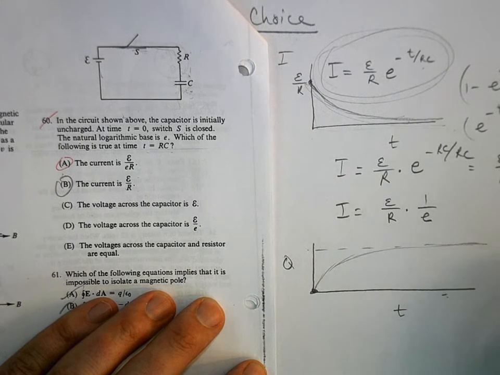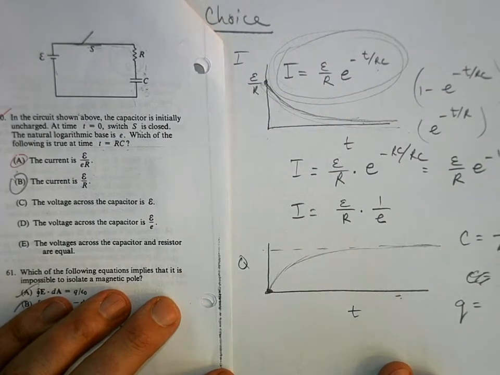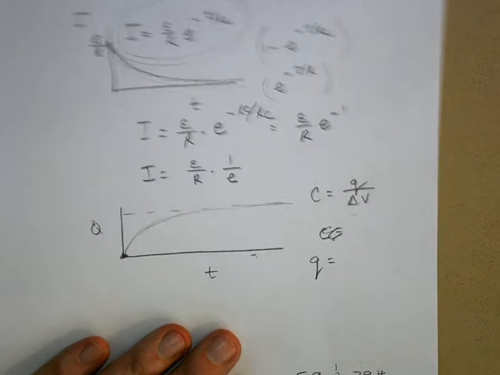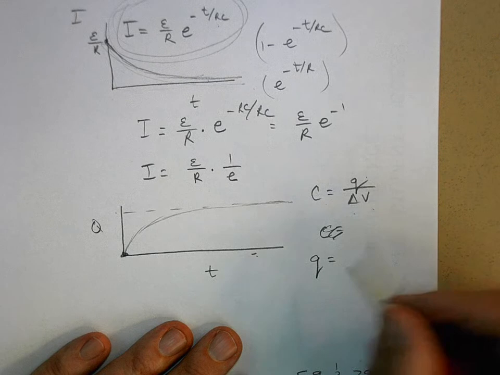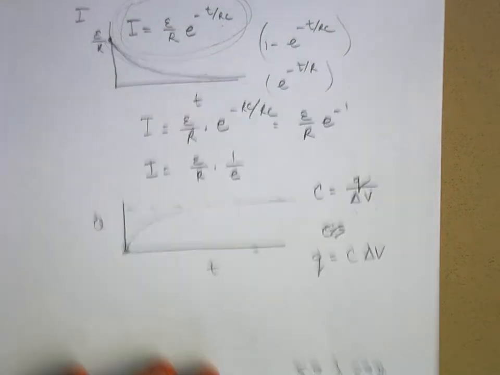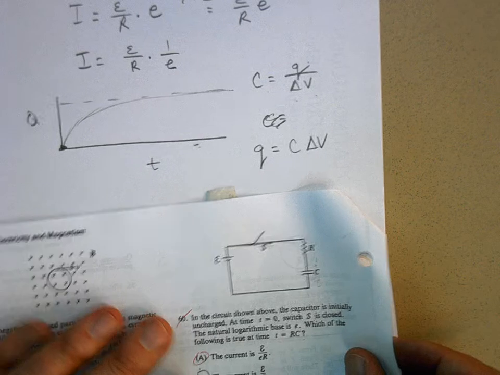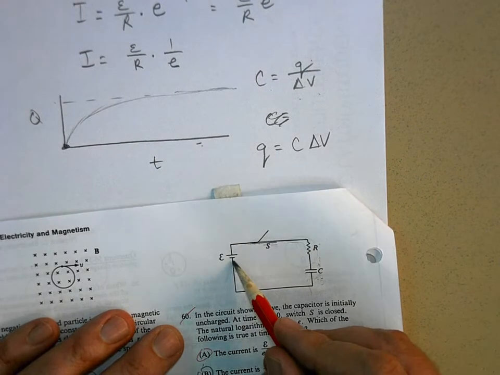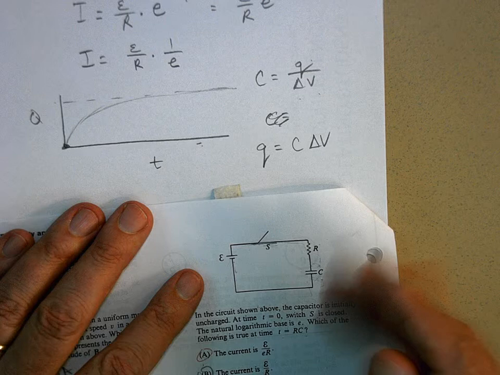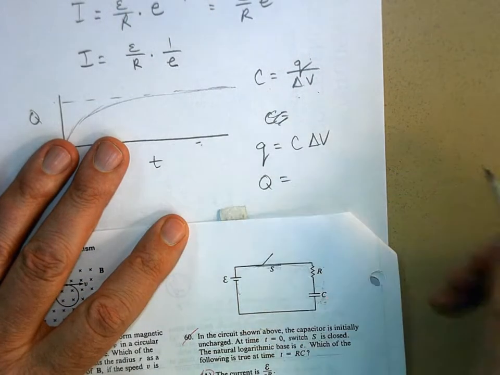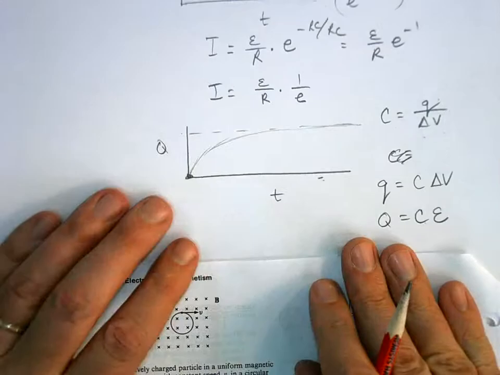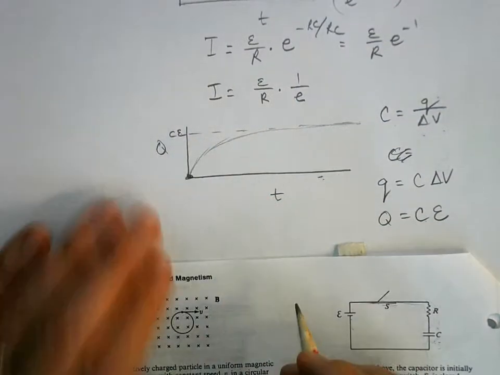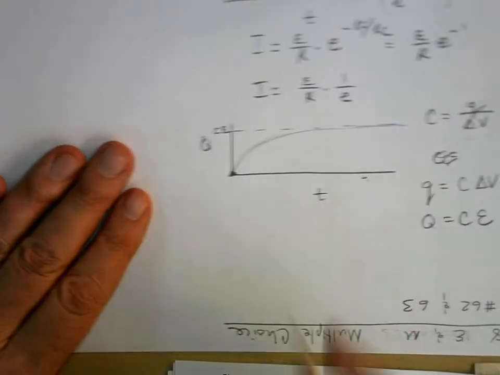Let me move all the way over here. The capacitance equals the charge over delta V. So the charge will be equal to the capacitance times delta V. Now in this case, if you look at the problem, the voltage is E, and so the maximum charge will happen when you have C times E. So on my graph, this will be C times E. Now, how would I construct this as a function of time?